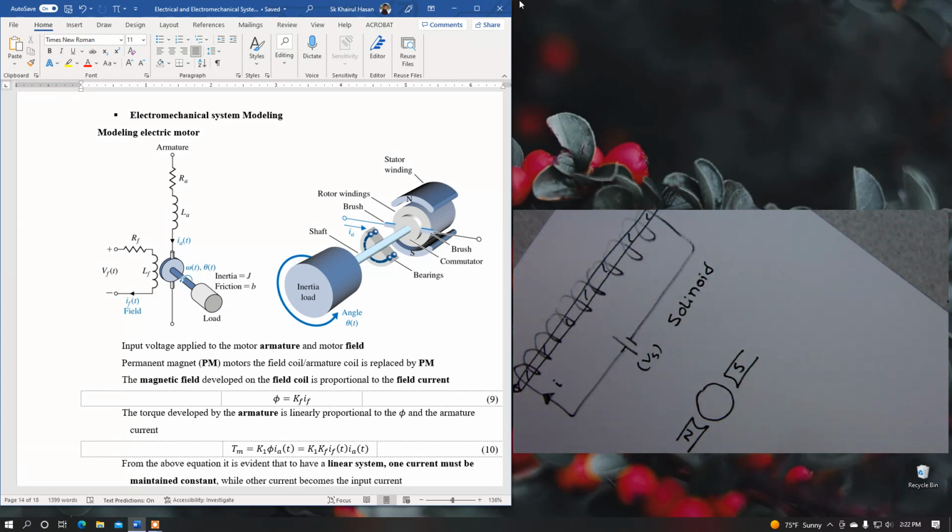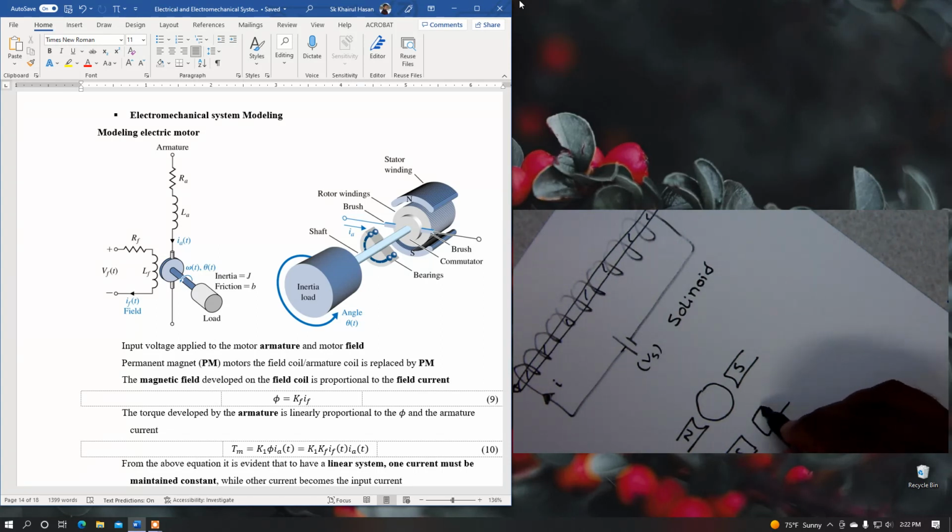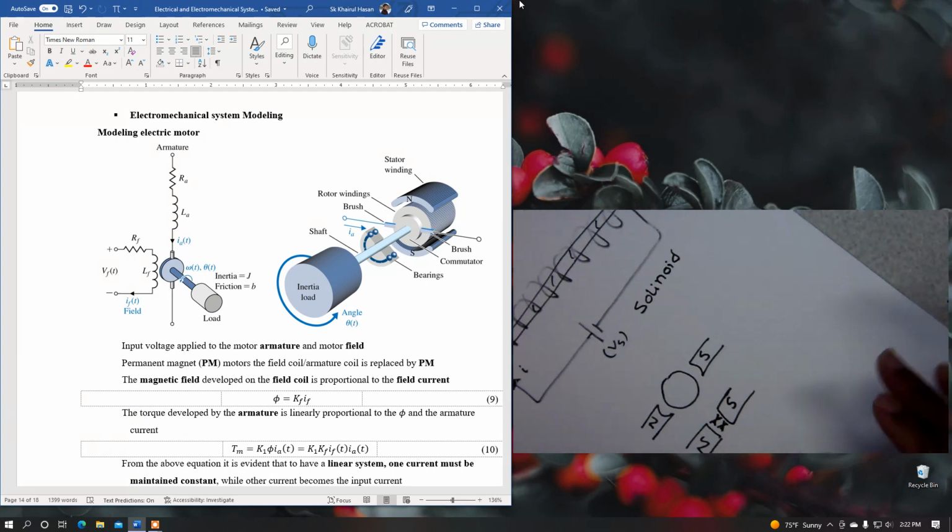We know that opposite magnetic poles attract each other. If you place the north pole of a magnet near the south pole of a permanent magnet, they will attract themselves and try to be one.